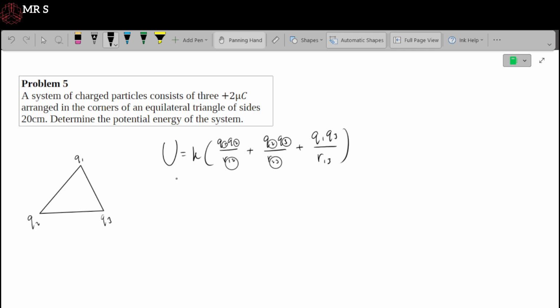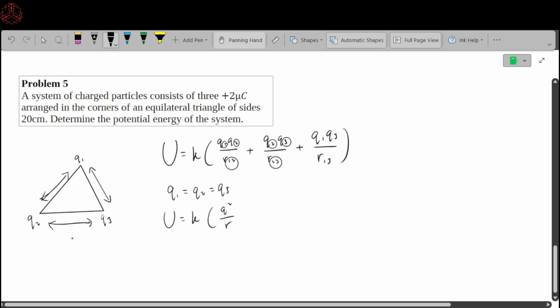Because Q1 is equal to Q2, which is equal to Q3, I can simplify and say that U is equal to K Q squared over R. Bear in mind R12, this length, is the same as this length, which is the same as this length.